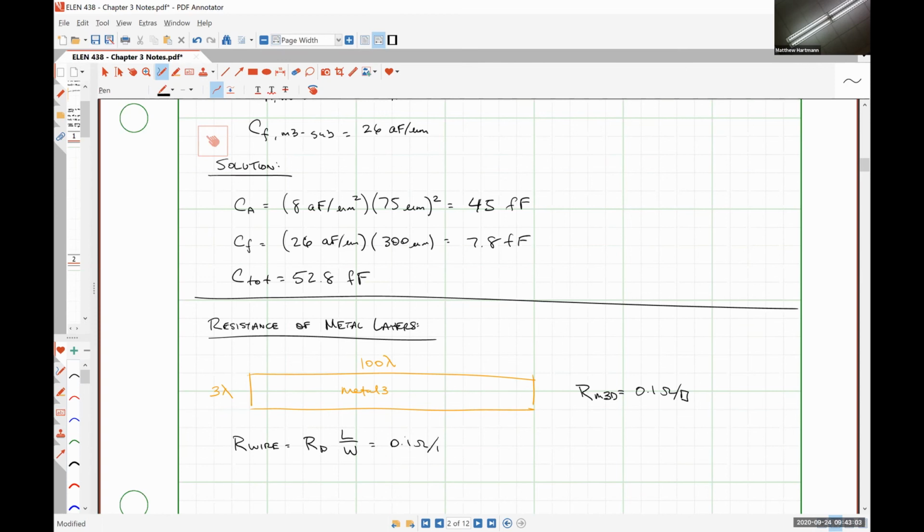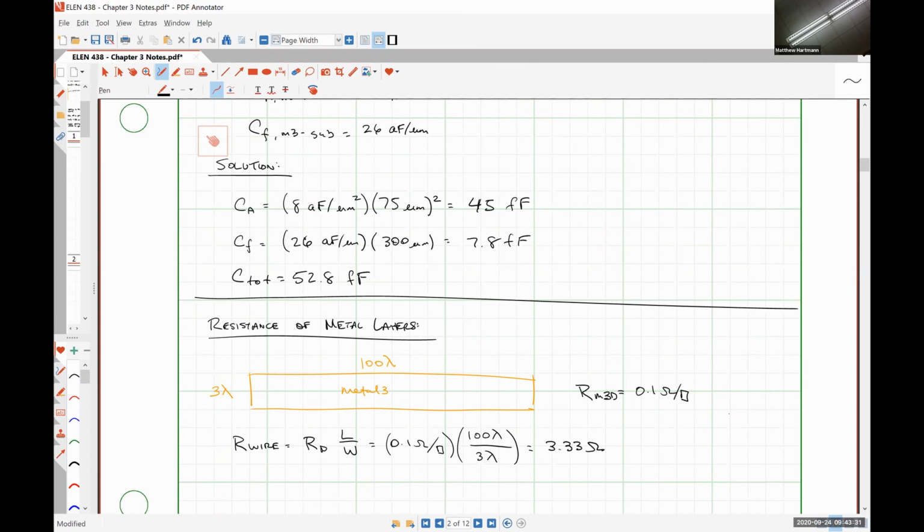0.1 ohms per square multiplied by the length, which is 100 lambda, divided by 3 lambda. That gives 3.33 repeating ohms.